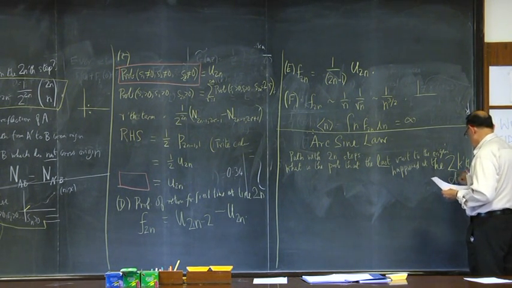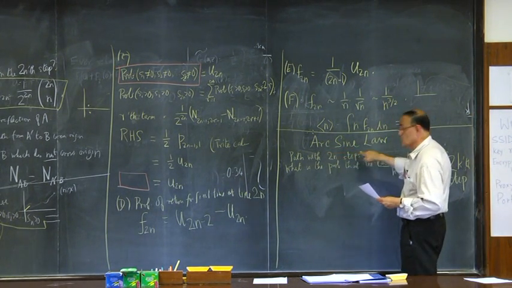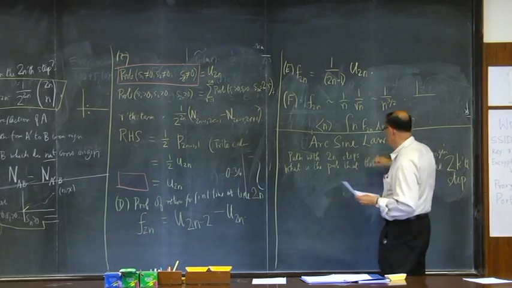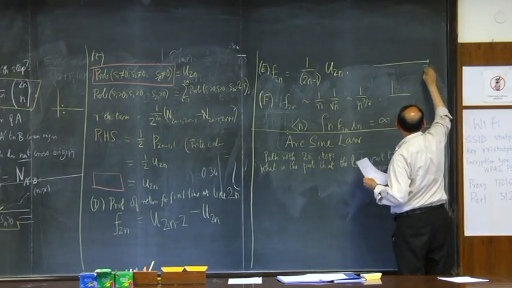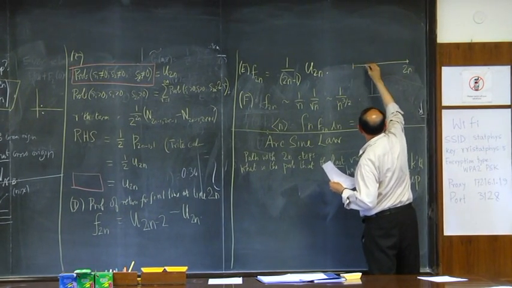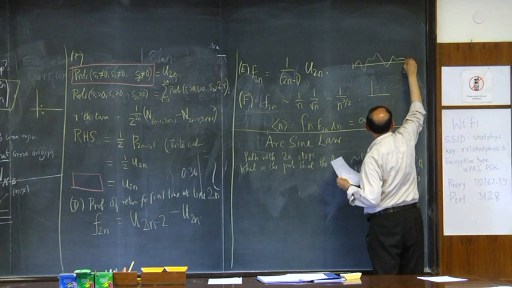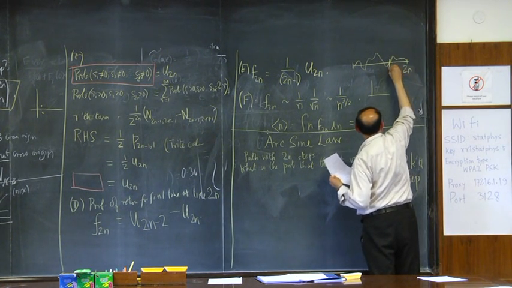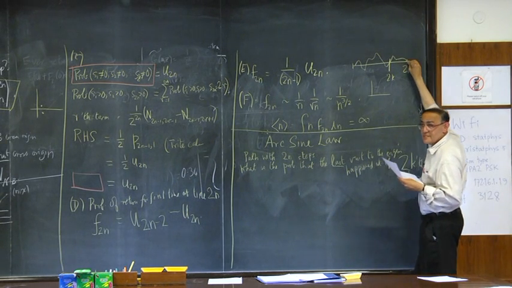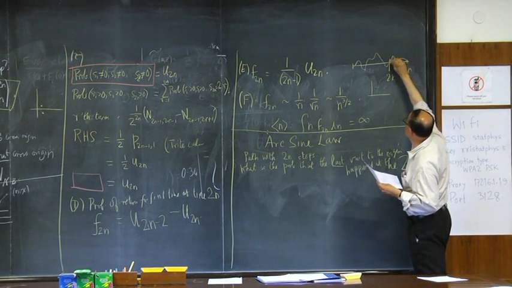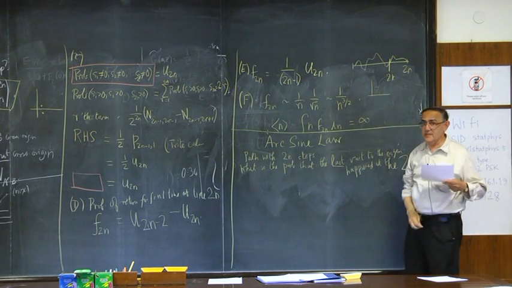Sorry, my writing became small again. Let me read it. Consider a path with 2n steps. Here is 2k, and we are asking, given that this is 2n steps long, what is the probability that the last change or last visit to the origin happened at 2k?